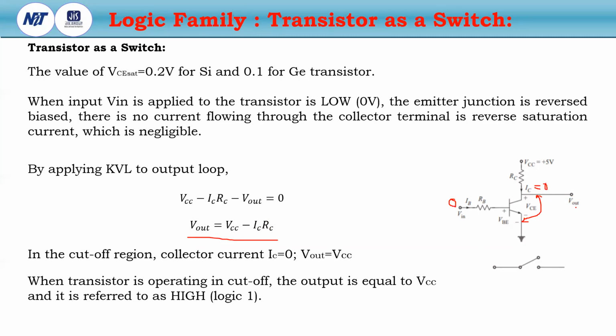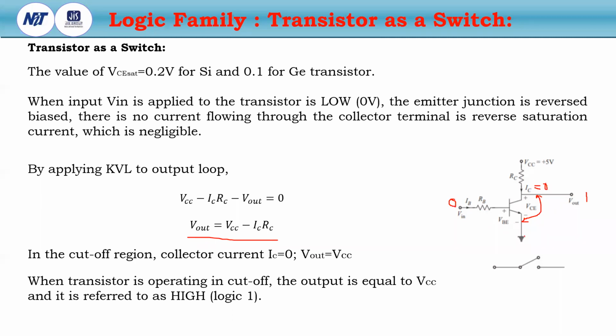When the transistor is operating in the cutoff, the output is equal to VCC and is referred to as logic 1. Okay. So if Vin is equal to 0, then the transistor is in the cutoff region.